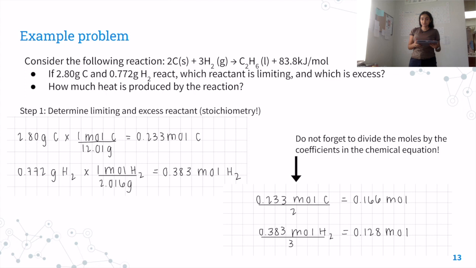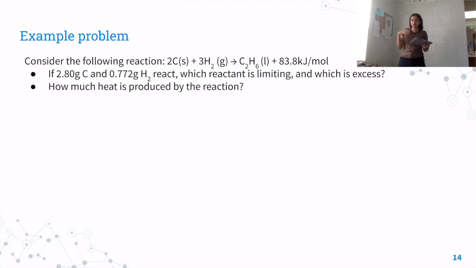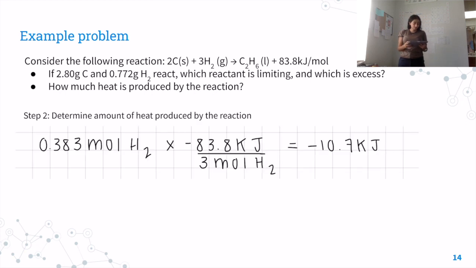We can take our moles of hydrogen and use that conversion fraction I showed a couple slides ago and figure out how much heat is produced by the reaction. So if I have 0.33 moles of hydrogen gas and I multiply it by negative 83.8 kilojoules per 3 moles of hydrogen gas, because that is how much heat is released in one reaction, which utilizes 3 moles of hydrogen gas, I will get negative 10.7 kilojoules of heat in the reaction, which means that there are 10.7 kilojoules of heat released because this is an exothermic reaction.